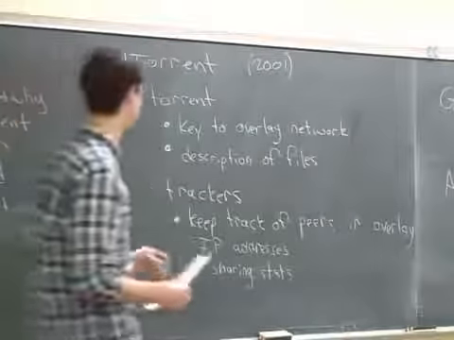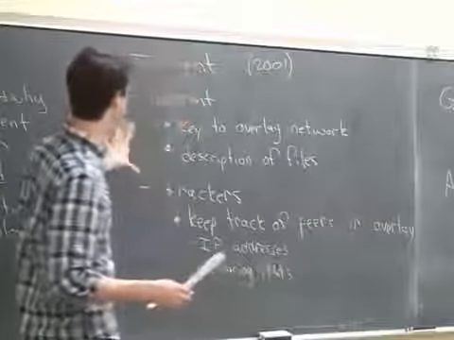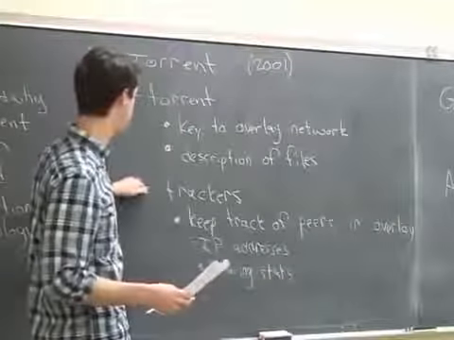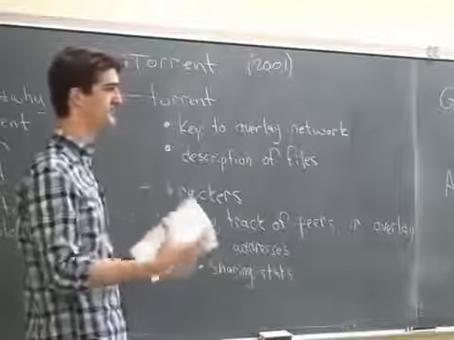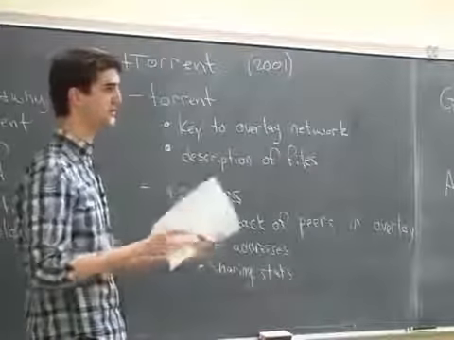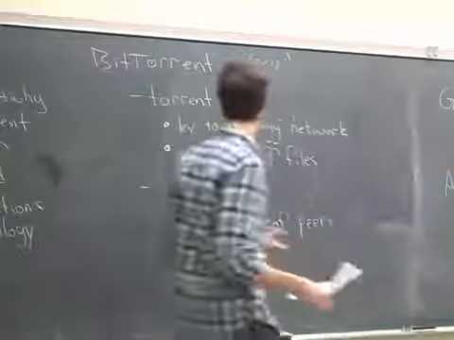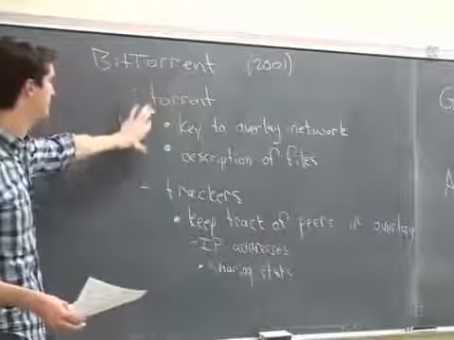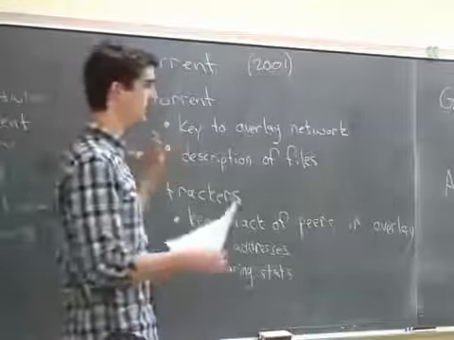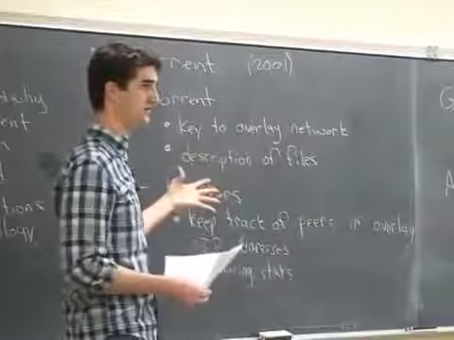All right, so these are the main parts of BitTorrent. We have this tracker, which is more or less a centralized node that's keeping track of all the peers in the overlay network. And then we have these torrent files, where each torrent has a unique overlay network, okay?